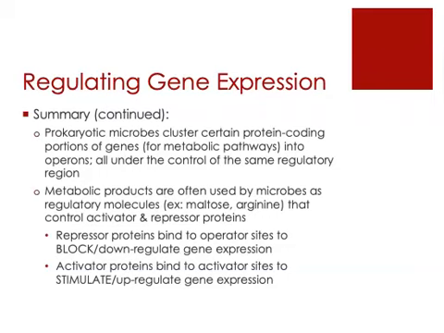Repressor proteins, remember, will bind to operator sites in the regulatory region of an operon, and those will essentially block or downregulate gene expression. Activator proteins are different. Activator proteins bind to activator sites in the regulatory region of an operon, and they will stimulate or upregulate gene expression.